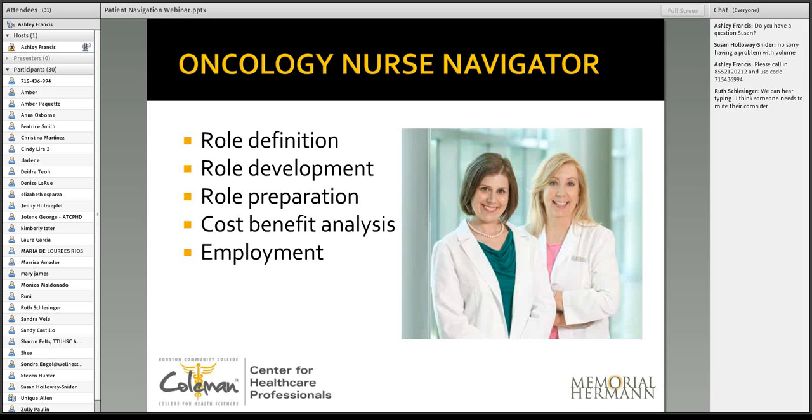Also, it should be noted that the use of the oncology nurse navigator did not over time increase care costs. And in fact, quality of life, it was indicated that quality of life perhaps was high in this group of patients that participated in the study to begin with.